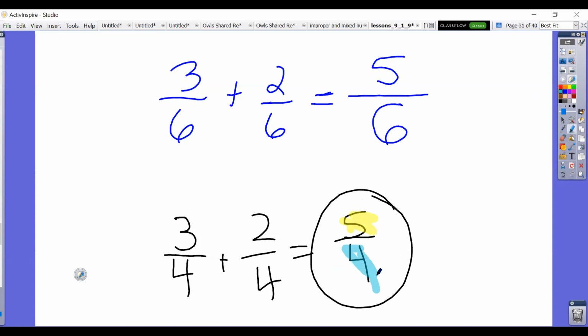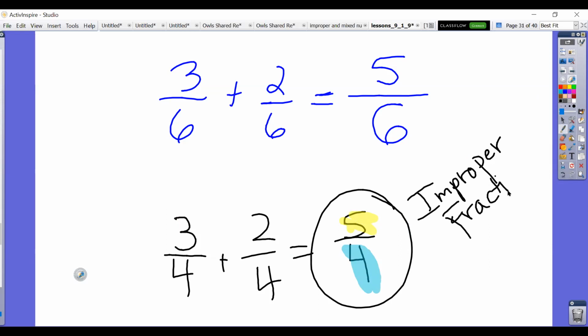These are special types of fractions that we haven't talked too much about. So today we're going to learn that these fractions are called improper. This would be an improper fraction. An improper fraction is a fraction that is greater than 1.